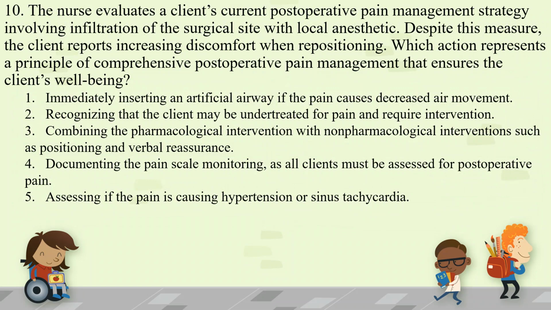Two, recognizing that the pain may be undertreated and require intervention. Number three, combining pharmacological interventions with non-pharmacological interventions such as positioning and verbal reassurance. Four, documenting the pain scale scoring as all clients must be assessed for post-operative pain. Five, assessing if the pain is causing hypertension or sinus tachycardia. So in this case, we're looking for a select-all-that-apply answer.